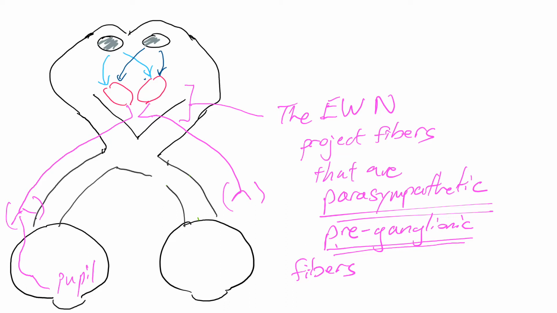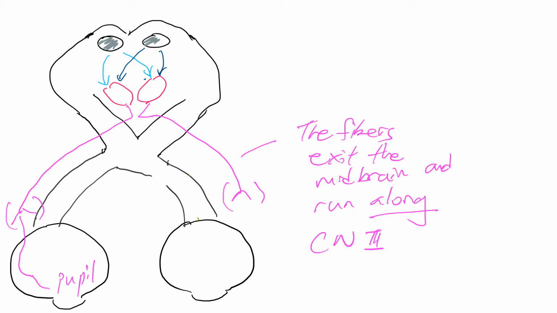Now, the Edinger-Westphal nucleus, where we left off, projects fibers that are parasympathetic and preganglionic. So if we follow the left Edinger-Westphal nucleus and follow its fibers, it exits the midbrain and runs along the third cranial nerve.